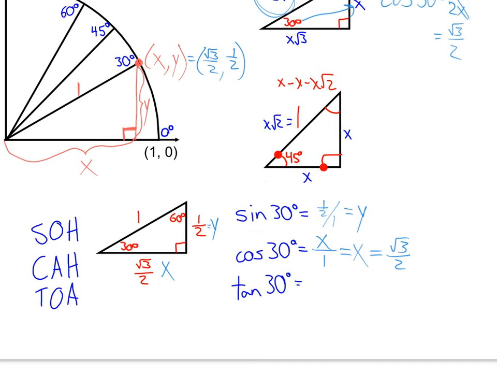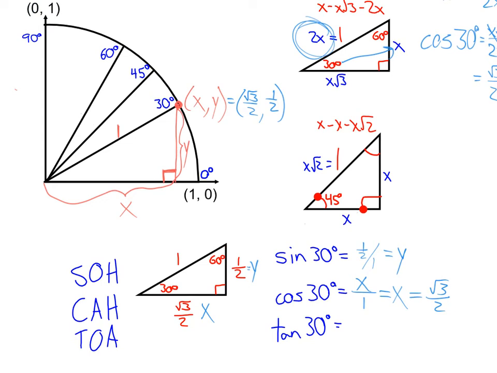So let's skip 45 for a second, and I want to look at the 60. If this right here is a 60-degree angle, what's this angle up here? 30. So guess what? Isn't this triangle the same as the triangle we were just working with?